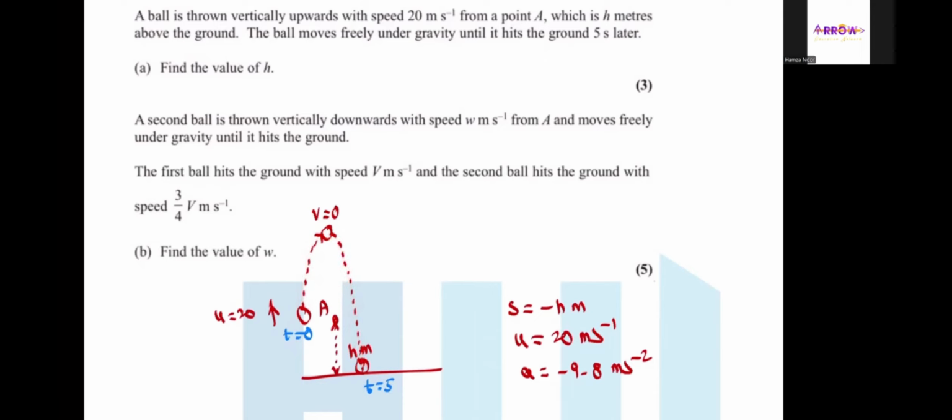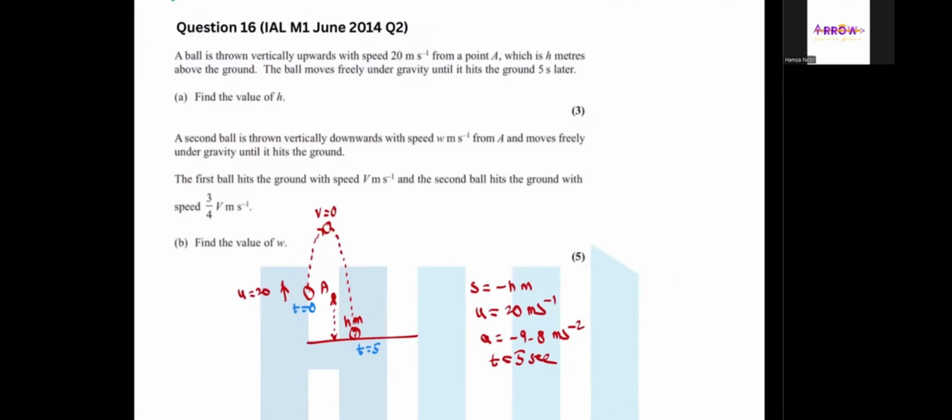You need to be familiar with all of these concepts. What we need to find is the value of h, and the duration of this journey is 5 seconds, because 5 seconds later the ball hits the ground.